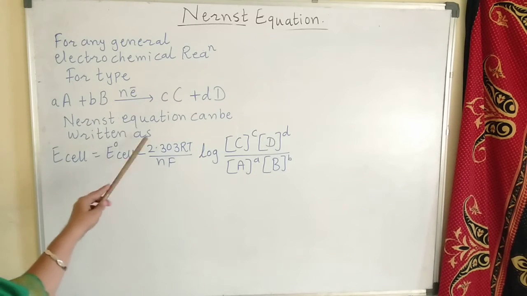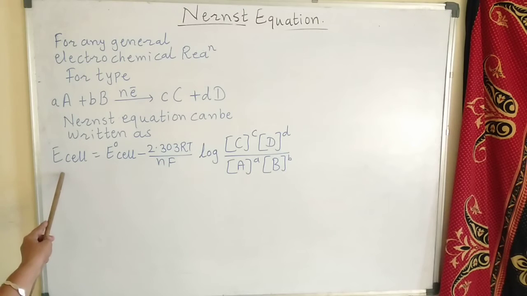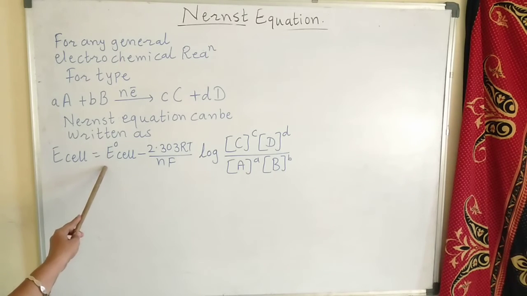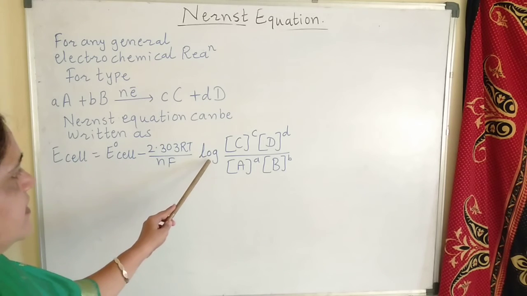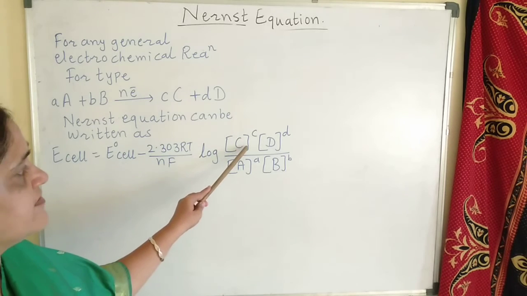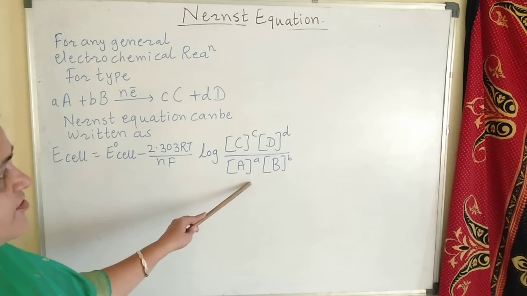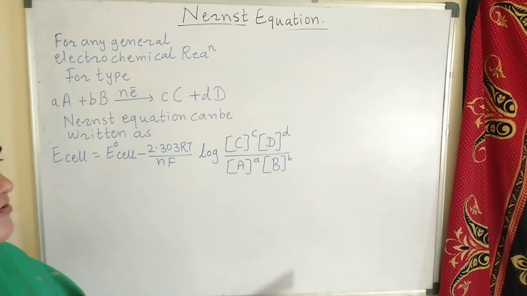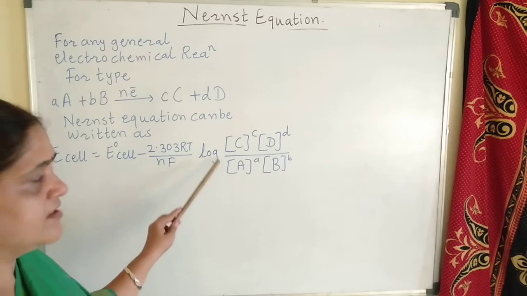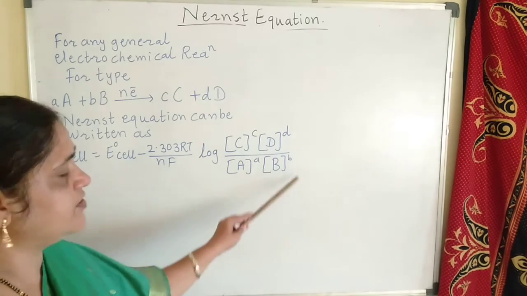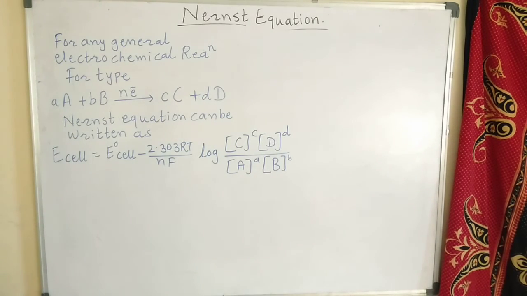Then the Nernst equation can be written as E cell is equal to E naught cell minus 2.303 RT upon nF into the log of concentration of product upon concentration of reactant raised to the proper stoichiometric coefficient, which we already have studied in the equilibrium chapter. This ratio denotes the equilibrium constant.